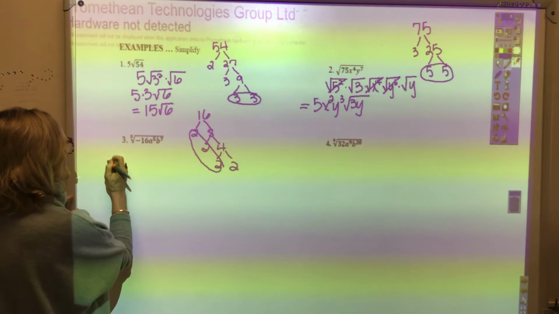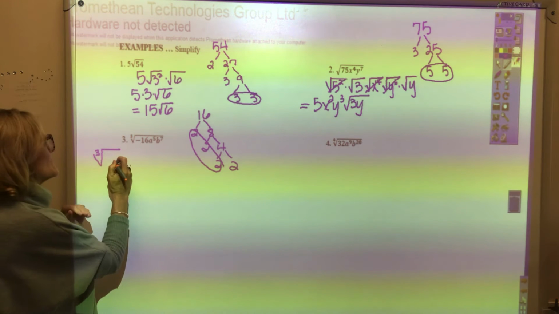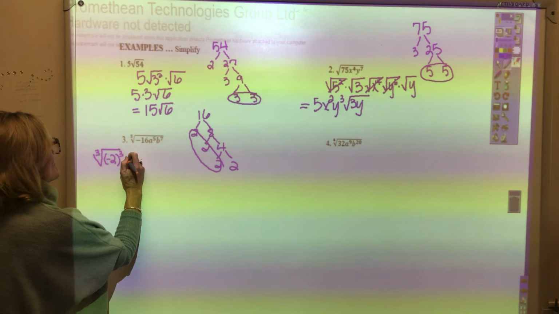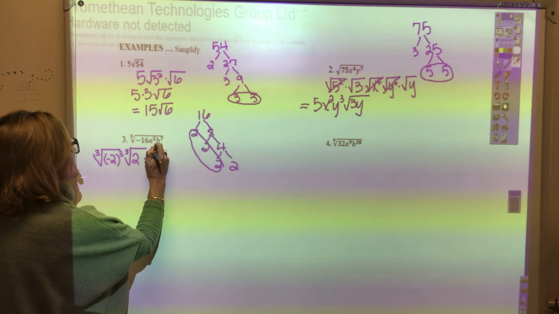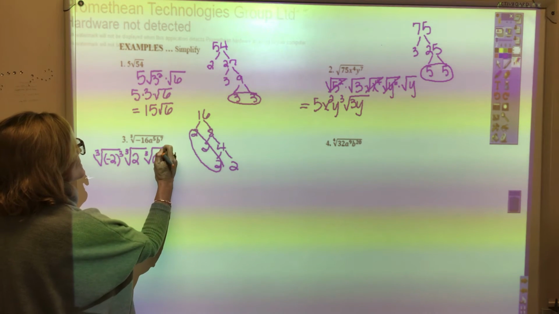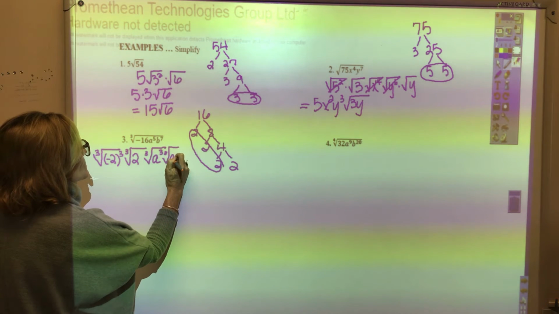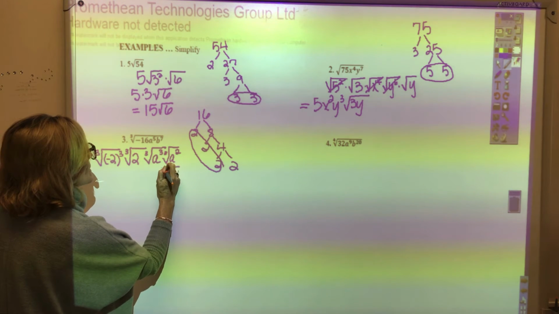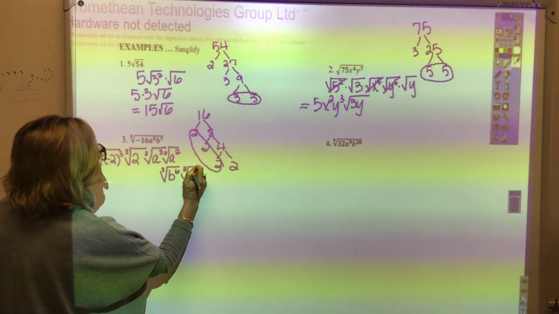So I'm going to rewrite this as the cubed root of negative 2 to the 3rd, times the cubed root of 2, the cubed root of a to the 3rd times the cubed root of a squared. I'm running out of room, but I'll write down here the cubed root of b to the 6th and the cubed root of b.